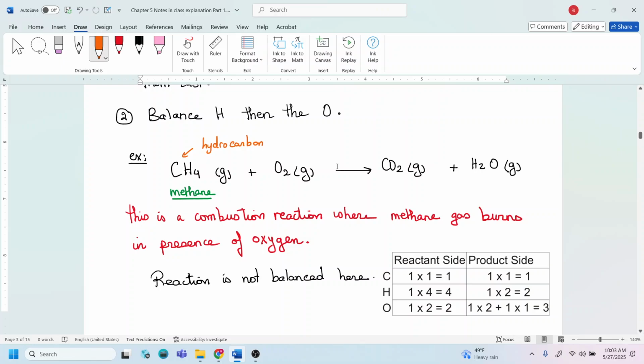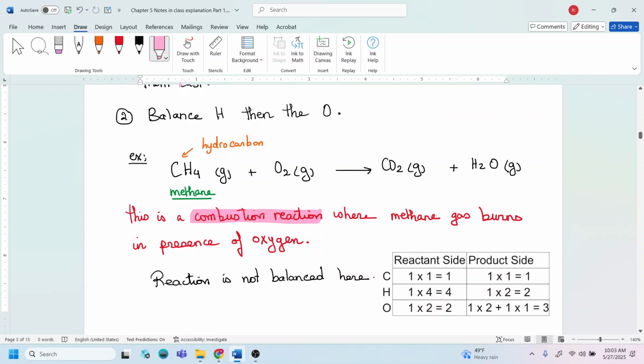With this chemical reaction, I am reacting methane with oxygen. Oxygen is a fuel, so in this case, what I am doing is burning the hydrocarbon. This reaction we are going to call a combustion reaction.